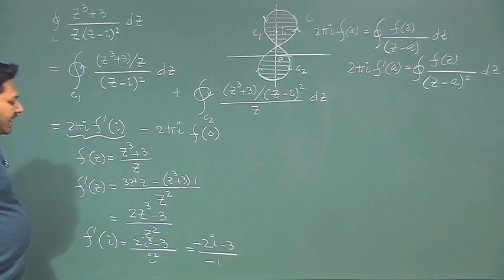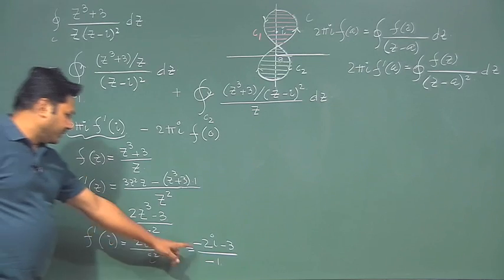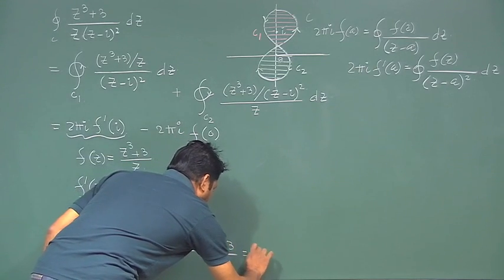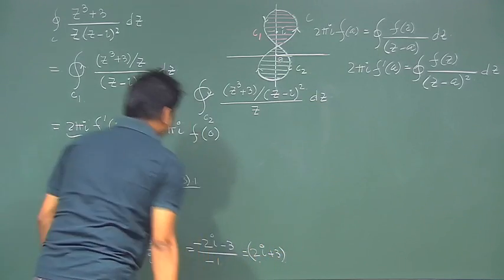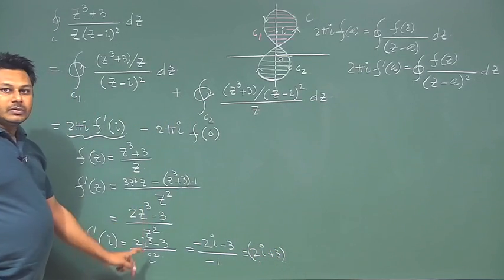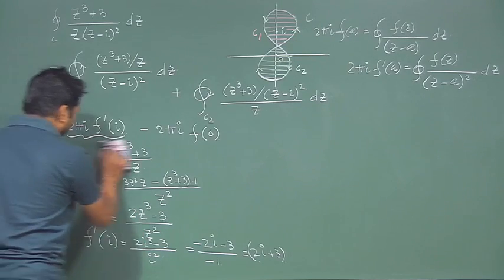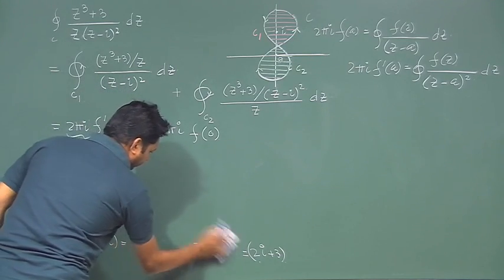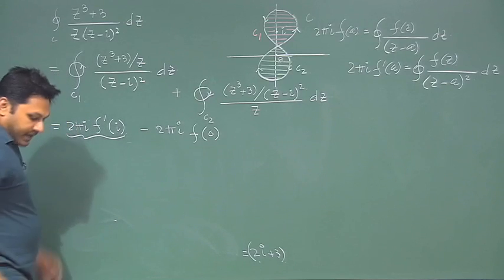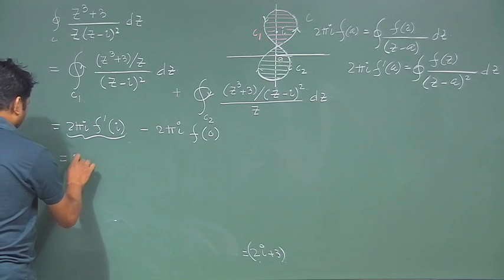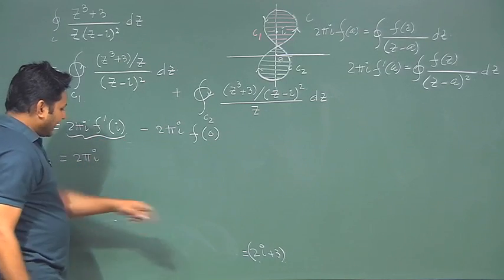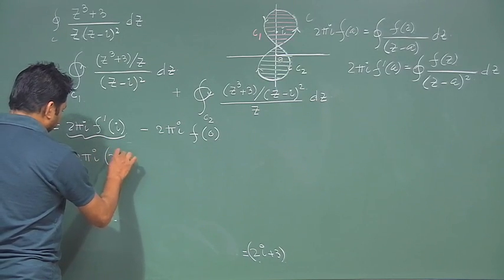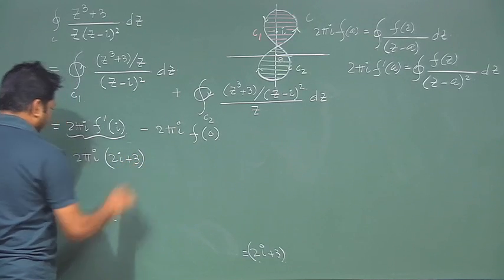So, eventually I have 2 i plus 3. This quantity is 2 i plus 3. Okay. So, let me put it here. So, this value I have 2 pi i times f prime(i), I just calculate it, it is something like this.